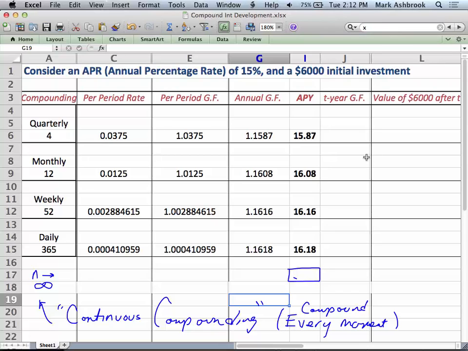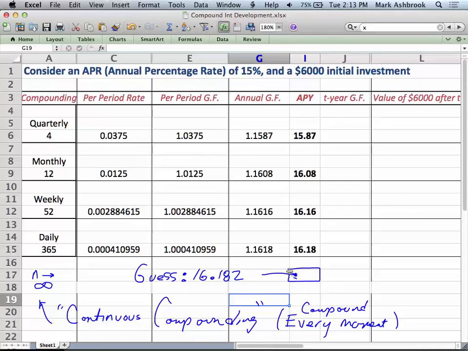The more often you compound, yes, it goes up, but it goes up in much smaller and smaller increases, right? So it's leveling out. Okay, so he's guessing 16.182. So let's see, that's our guess. Okay, our guess is 16.182.